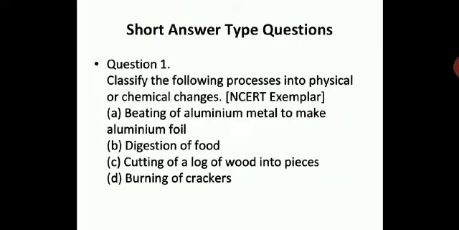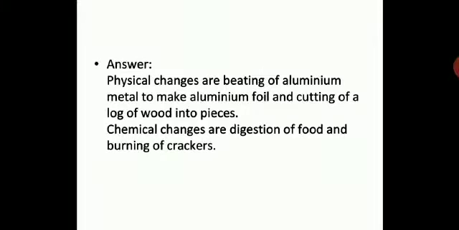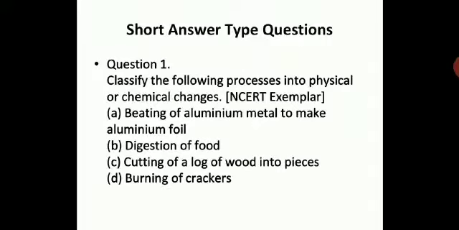And what about cutting of a log of wood into pieces? It's a physical change because you are not bringing any change in the chemical composition. You are just cutting into pieces, and there will be no chemical change happening in the log of wood. Burning of crackers: you will see lots of smoke coming out when you burn crackers.